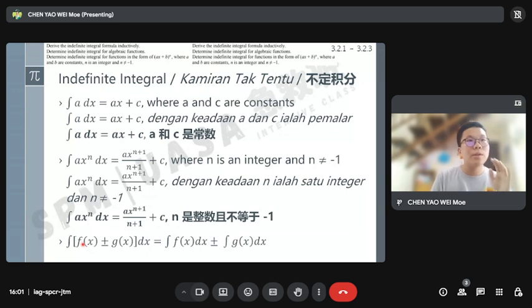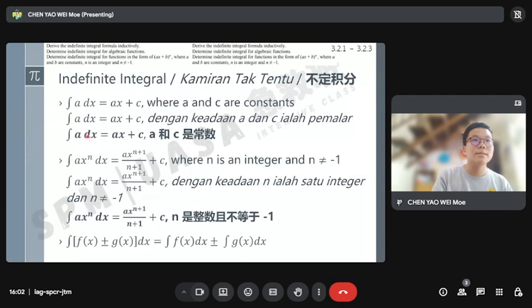In differentiation we bring the power down and subtract 1 from the power, and a constant becomes 0. Today I don't do that; I reverse it. If here is a constant, I make it x.